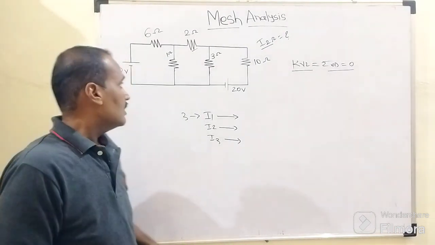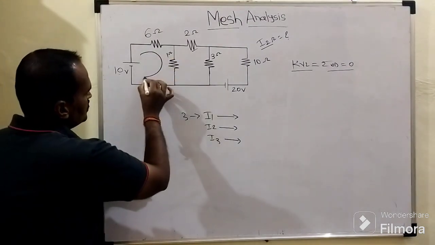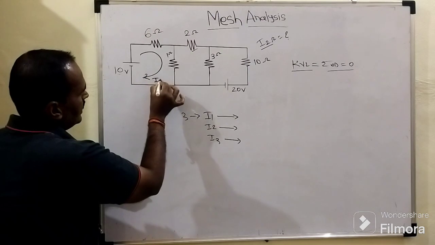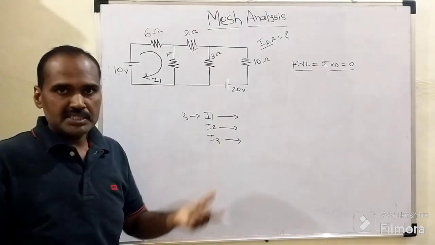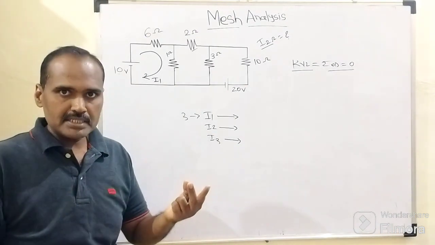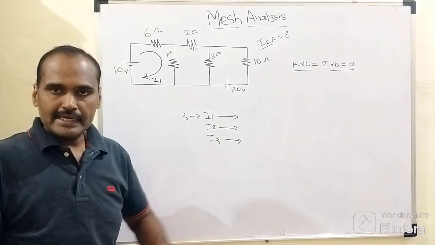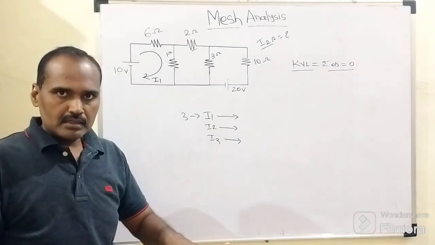So, opposite to that, this will be the assumed direction of I1. This I1 flows in the first mesh in the clockwise direction, which we need to assume. There are only two possibilities for deciding the direction of these fundamental currents, either clockwise or anti-clockwise.